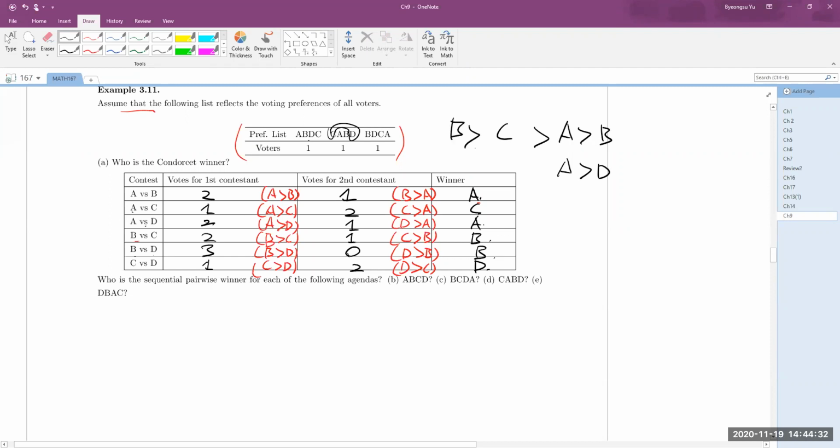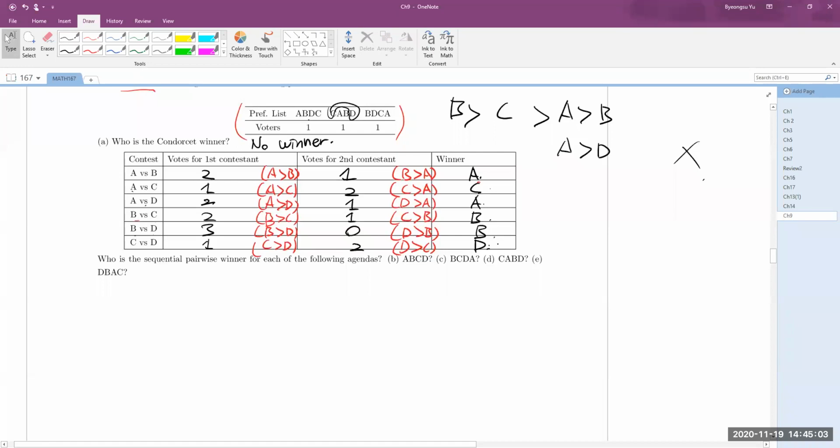So definitely there is no Condorcet winner, because no one beats every other candidate. A was beaten by C, and C was beaten by D, but D was beaten by A, so there are no Condorcet winners.